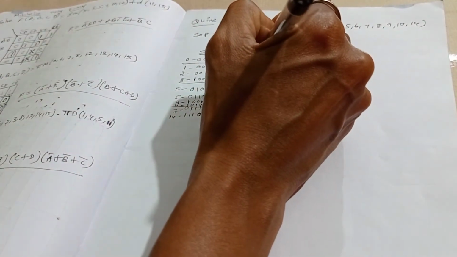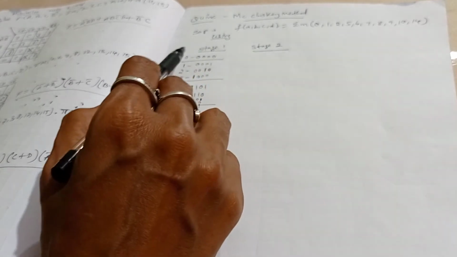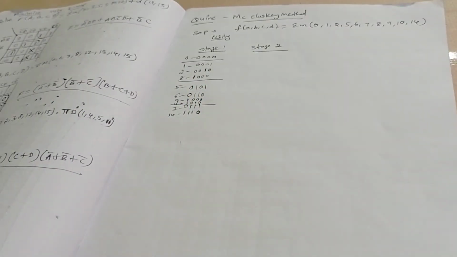Now go for stage 2. Here we need to compare each and every group with the other groups. If there is a change in only one bit position, then take a pair of those two minterms.